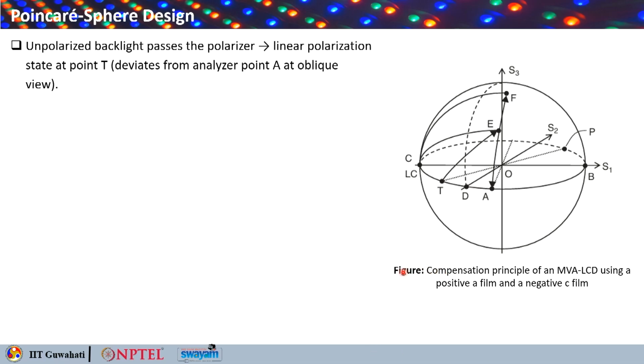Unpolarized backlight becomes linearly polarized light from the polarizer, landing at point T on the sphere. Viewed obliquely, it is rotated away from the analyzer's own point A.